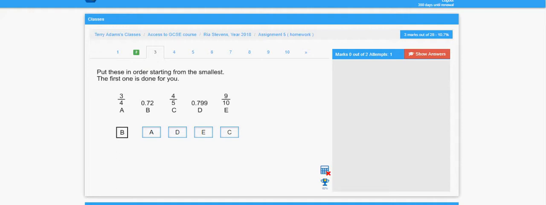Okay, because remember, anything in the tenths column is straight after the decimal point, so we would get 0.9. So that's a very high number, so that's bigger than this and it's bigger than this. But 3/4 and 4/5, the only way we can make sense of that is by changing them to a decimal, and changing them to a decimal couldn't be easier.